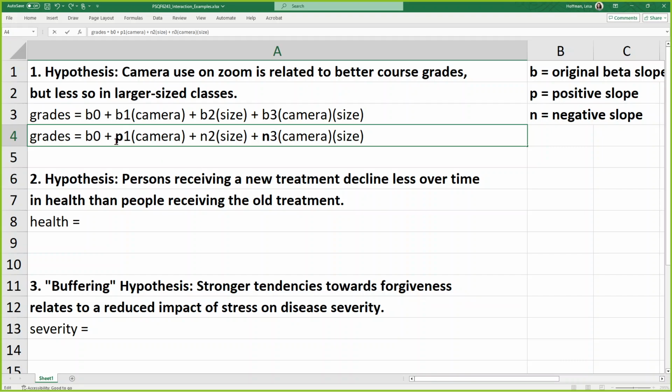So this effect of camera is specific to whenever size is 0. Let's say that I centered size such that it's the average class size at the university, so it's a meaningful reference point. So in average size classes, there's a positive effect of camera use. As class size increases, we would want a less positive effect of camera use, and it would require a negative coefficient to bring that back down. Does that make sense?